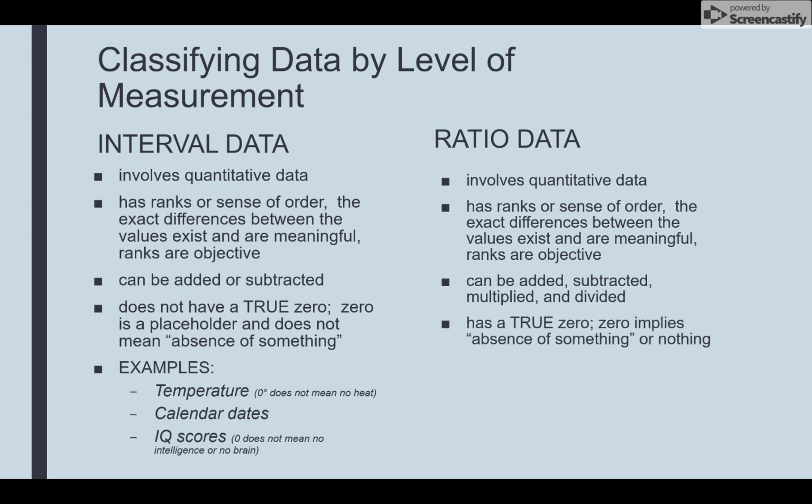And ratio data does have a true 0, meaning 0 implies the absence of something or nothing. For example, height. If I say something has a height of 0 inches, I don't have anything. If I say I got 0 phone calls today, I got no phone calls. Nothing. Salary. Exam score.